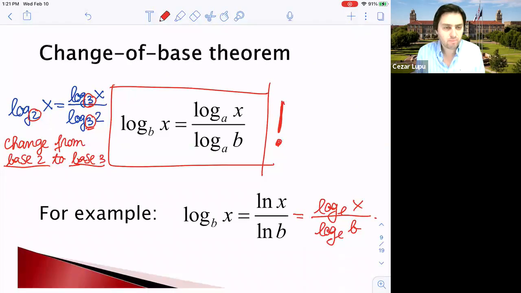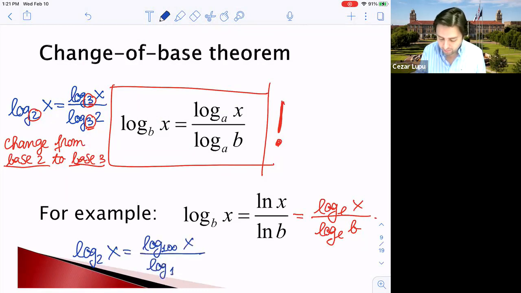You can change to base 100 if you want. So you can have log in base 2 of x, which will be log in base 100 of x over log in base 100 of 2. You see, you keep both of them in base 100.